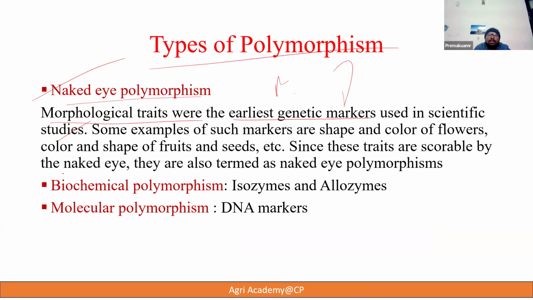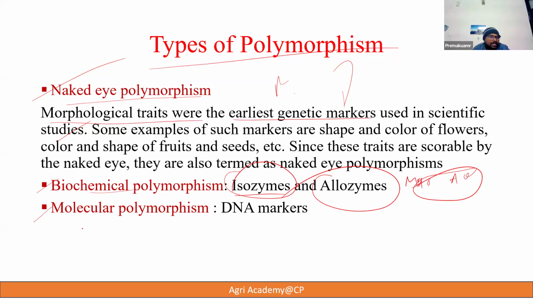Another type is polymorphism at the biochemical level, at the enzymatic level, called biochemical polymorphism, such as isozymes, allozymes, protein markers, enzymatic markers. Sometimes different biochemicals are used as markers, like the presence or absence of some metabolite.